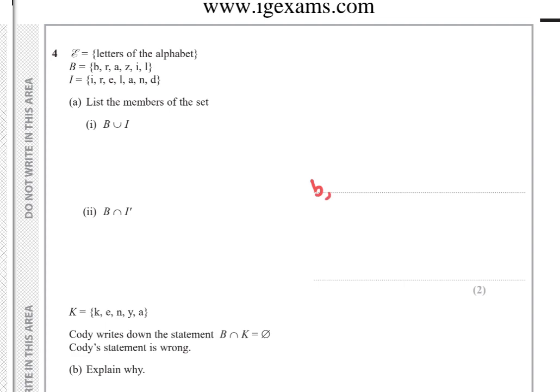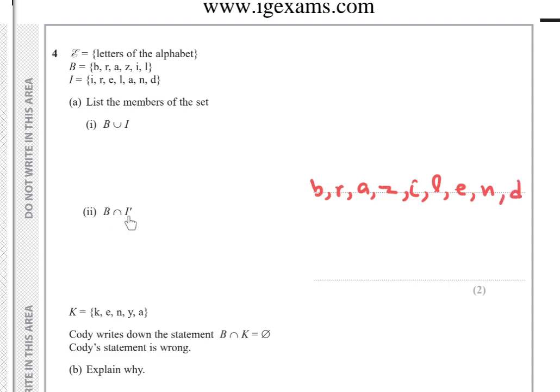So B, R, A, Z, I, L. We don't need to repeat I or R. So E, then L repeated, A repeated. So N and D.